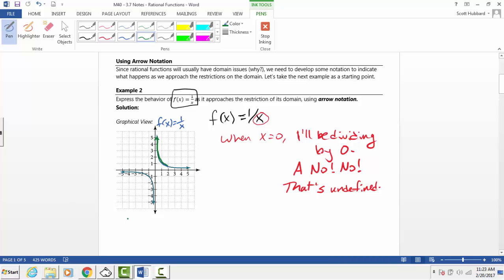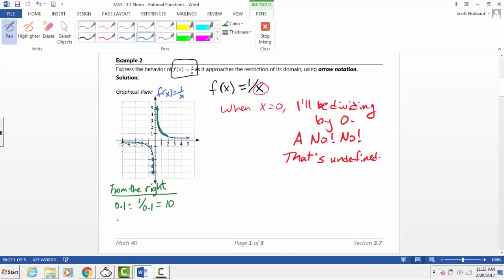Well, if you take a number coming from the right, so I want to get close to 0, maybe like 0.1. Then 1 divided by 0.1 is 10. So at 0.1, it's going to be really high up at 10.